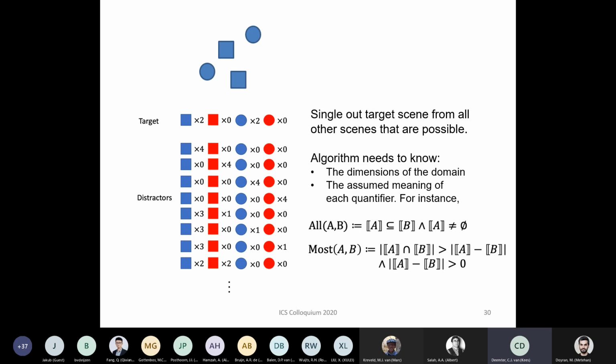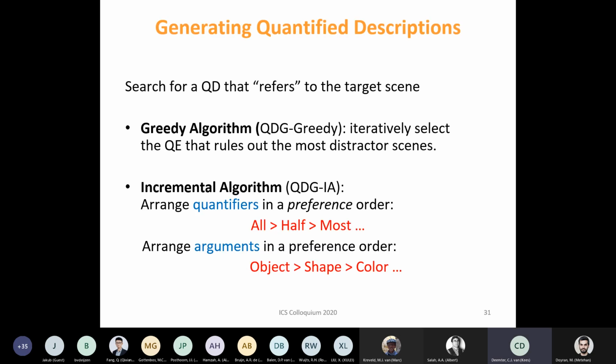Then, based on the corpus, we made guesses about what quantifiers might mean. For example, we guessed that "all A's are B's" means set inclusion plus the requirement that A is not empty. Were we right about that? We're not absolutely sure, but we're going to see how things pan out.